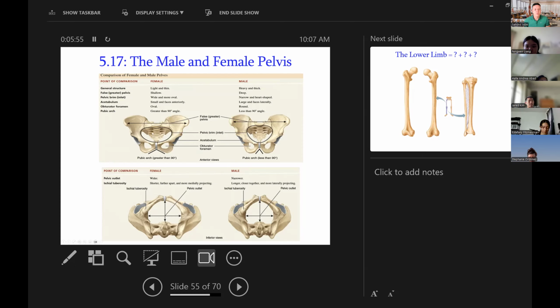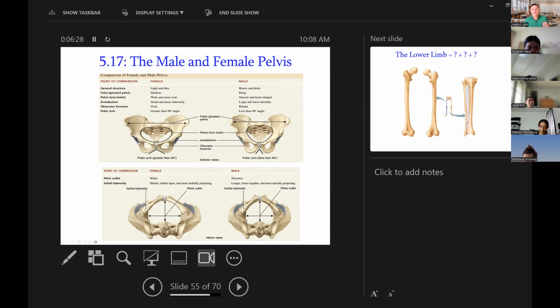For a female, the obturator foramen is more oval, while the obturator foramen of a male pelvis is more roundish. And finally, we have the pubic arch, and the pubic arch is the angle at the bottom of the pelvis right here. So the pubic arch of a female is greater than 90 degrees, while the pubic arch of a male is less than 90 degrees.